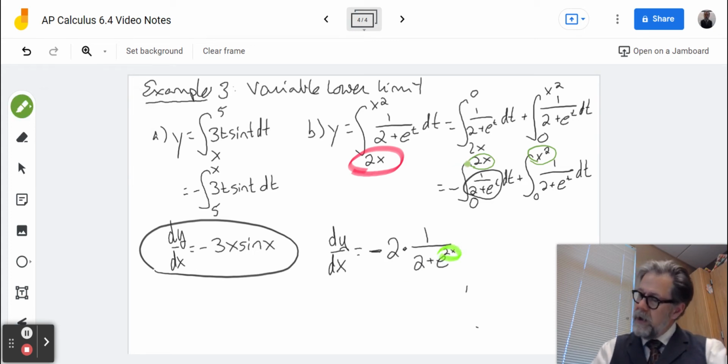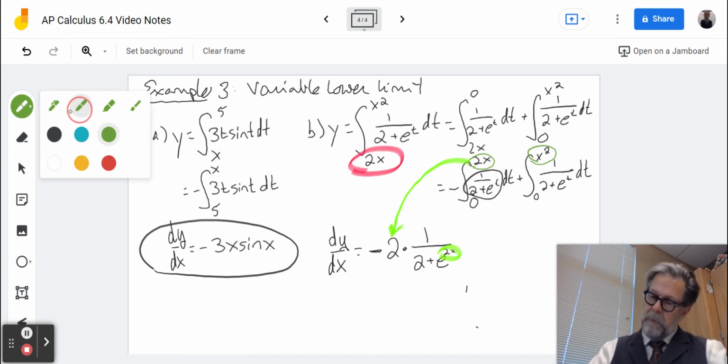So there's the derivative of u, and there's 2 plus e to the power of u.